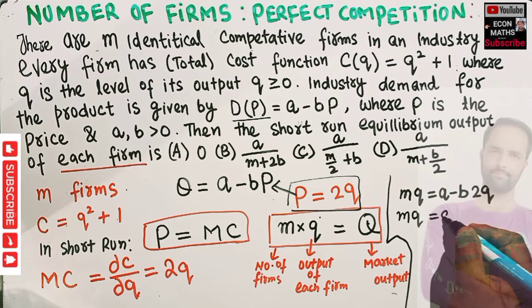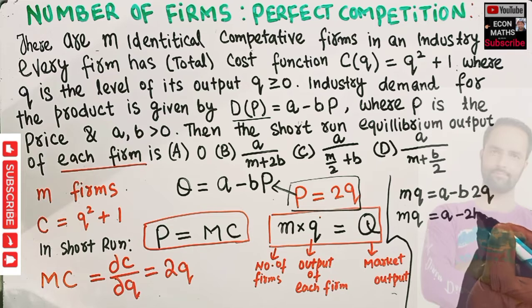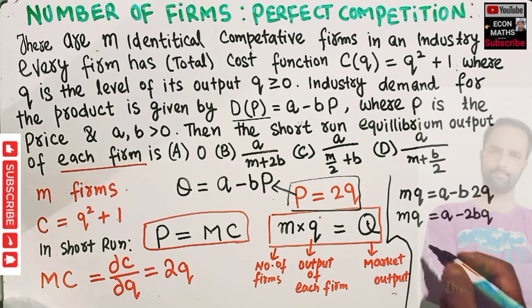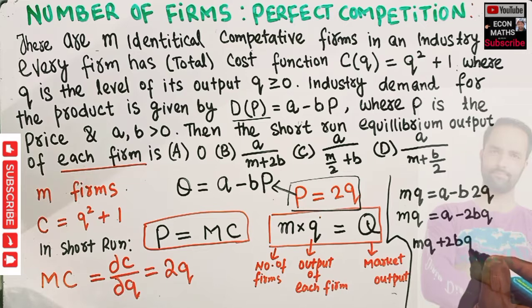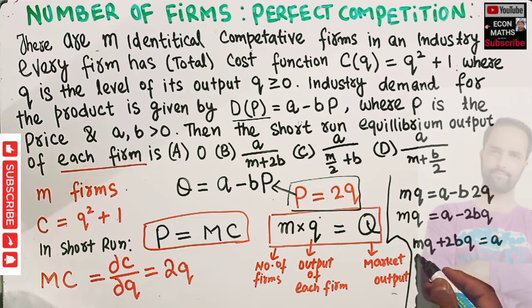is equal to A minus 2Bq. Transposing this minus 2Bq, it will become plus 2Bq should be equal to A. Now taking q common, we are left with (M plus 2B) q equal to A, which gives us q, the equilibrium output of each firm, equal to A upon M plus 2B.